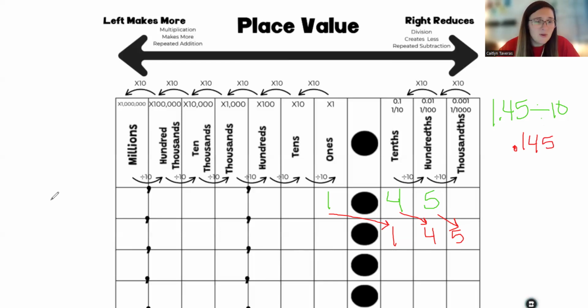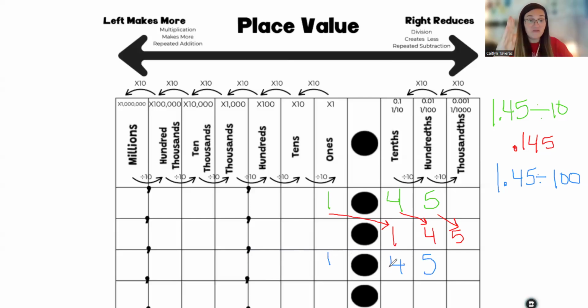Now, let's say we want to now divide it by 100. So let's start with 1 and 45 hundredths and divide by 100. So again, we have 1 and 45 hundredths. Going to shift those digits to the right since division means reduce, or right reduce. So we know since we're doing it by 2 zeros, 100, it's going to go 2 places. 1, 2, our 1 goes there.